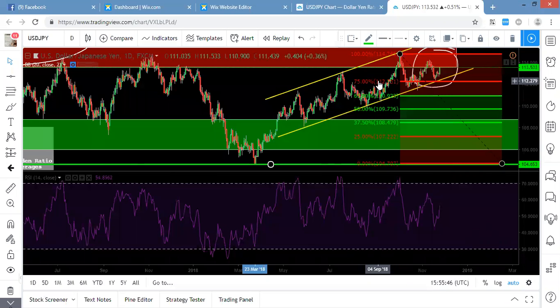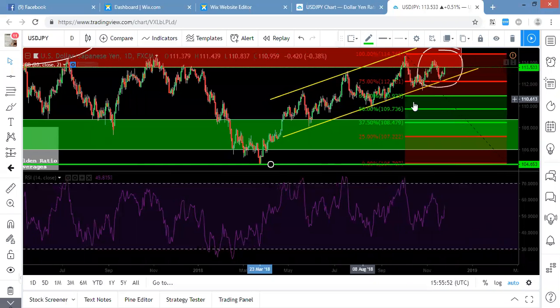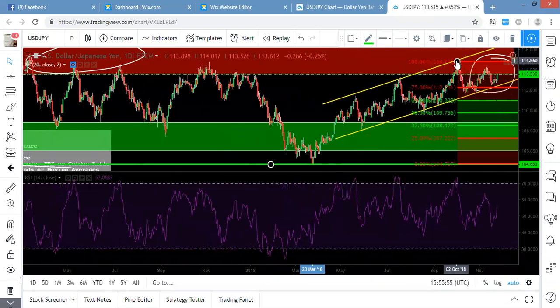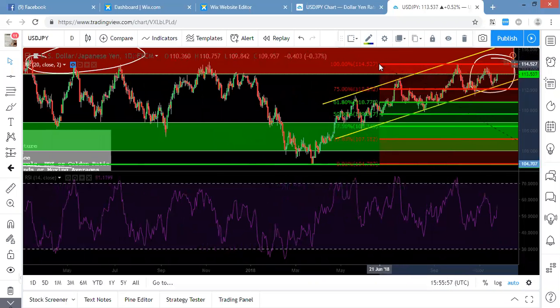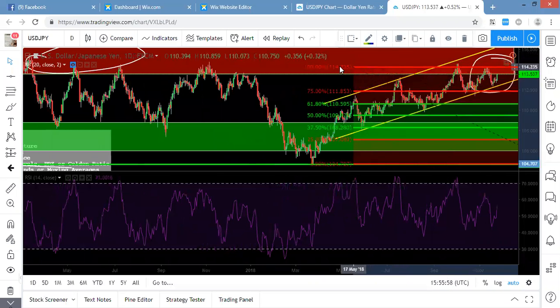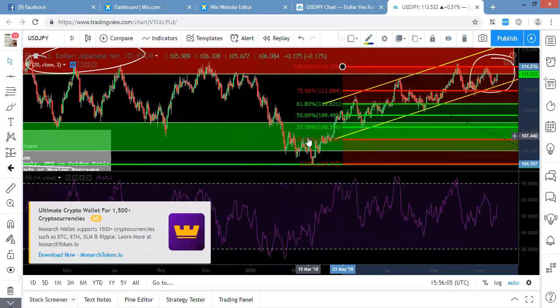Because ultimately, what we want to talk about is the golden ratio of 61.8. I'm going to pull this over here so you guys can really see these levels and the numbers. So again, we have 0, 25, 37.5, 50, 61.8, 75, and 100.